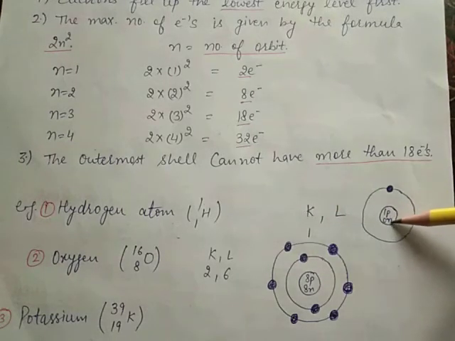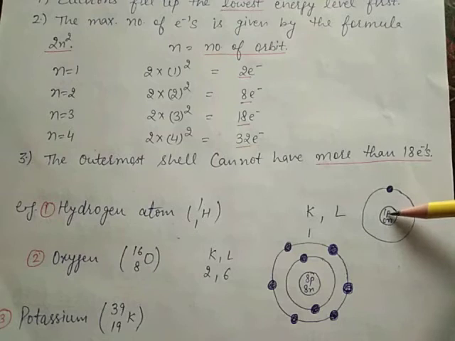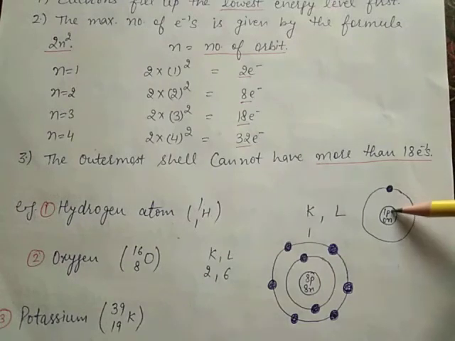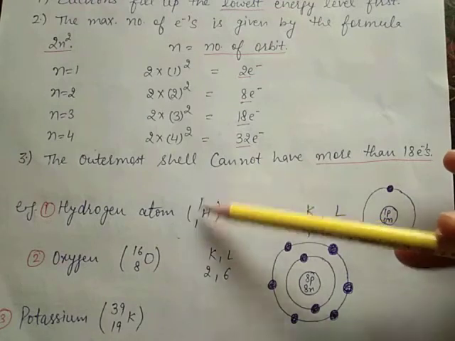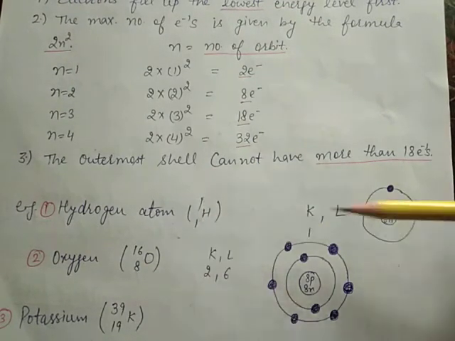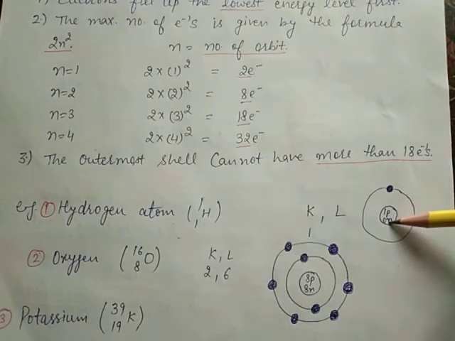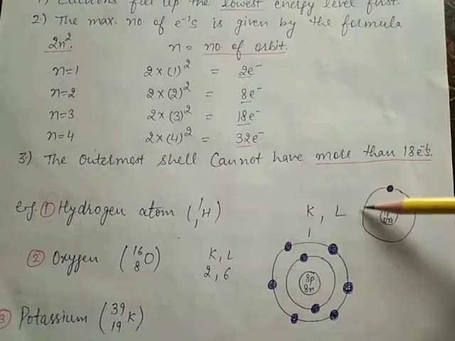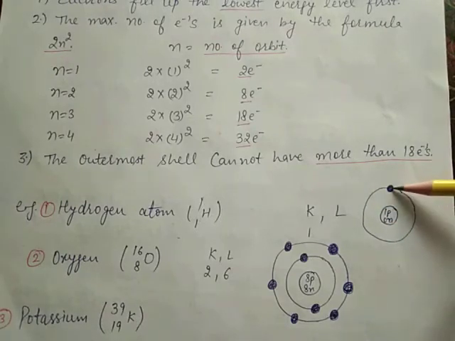This is the nucleus, and here protons and neutrons are present. In the hydrogen atom, one proton is present, but the neutron count is 0, because mass number minus atomic number is equal to the number of neutrons. So 1 minus 1 is equal to 0. Here 0 neutrons are present, and only 1 electron is present. The electron is present around the nucleus.